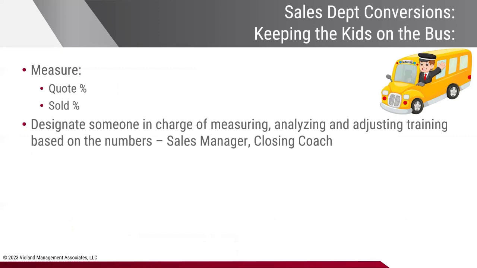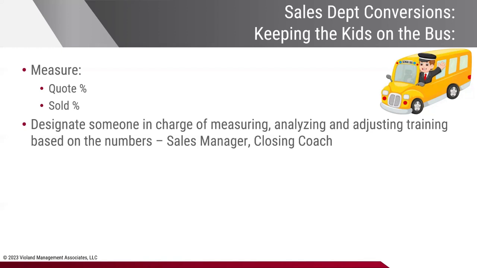So you need to designate someone in charge of measuring, analyzing, and adjusting the training needed in the sales function based on these numbers. It's whatever it looks like in your company. It's a sales manager, a closing coach, a trainer, whoever you want, and it doesn't have to be their full-time job, but it's whoever is responsible for making sure this conversion is where it's supposed to be, and then reacting if it's not.